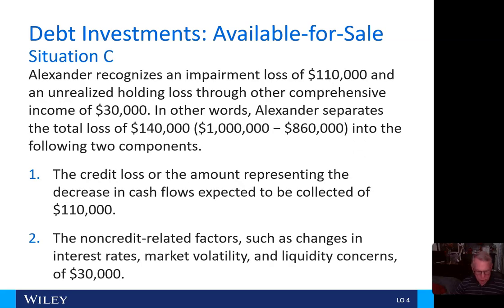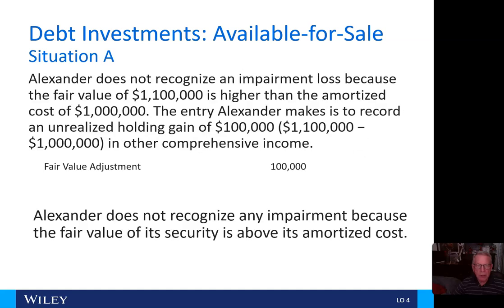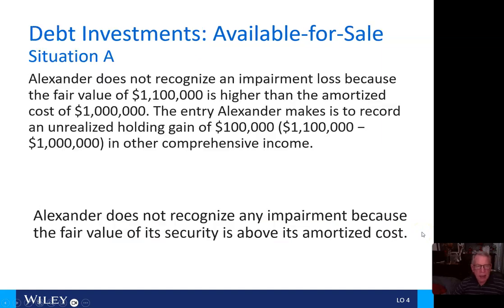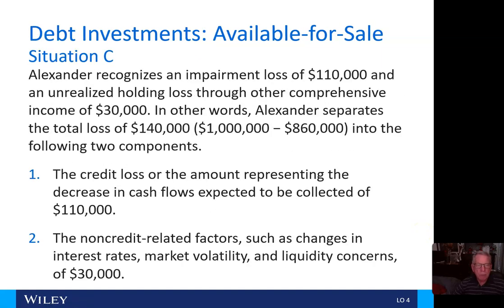Now, in situation Charlie, we'll go back and look at that real quickly. We got $1 million amortized cost, fair value $860,000, expected credit loss $110,000. And now Alexander recognizes an impairment loss of $110,000 and an unrealized holding loss through other comprehensive income of $30,000.